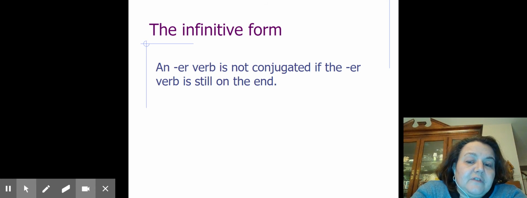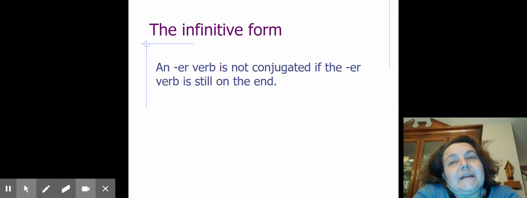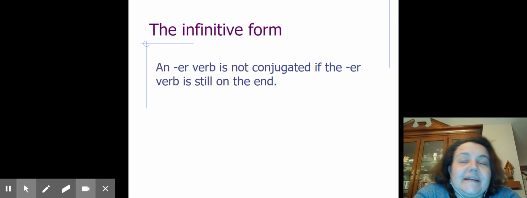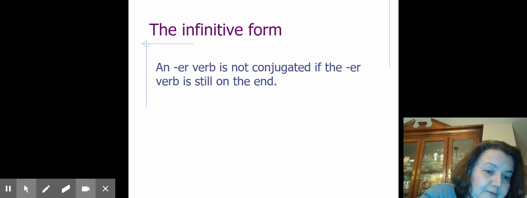So the infinitive form. An ER verb is not conjugated if the ER is still on the end of the verb. So basically when I'm writing donner, D-O-N-N-E-R, if I write je donner, D-O-N-N-E-R, then it's going to be marked down because it looks like you didn't even conjugate the verb.